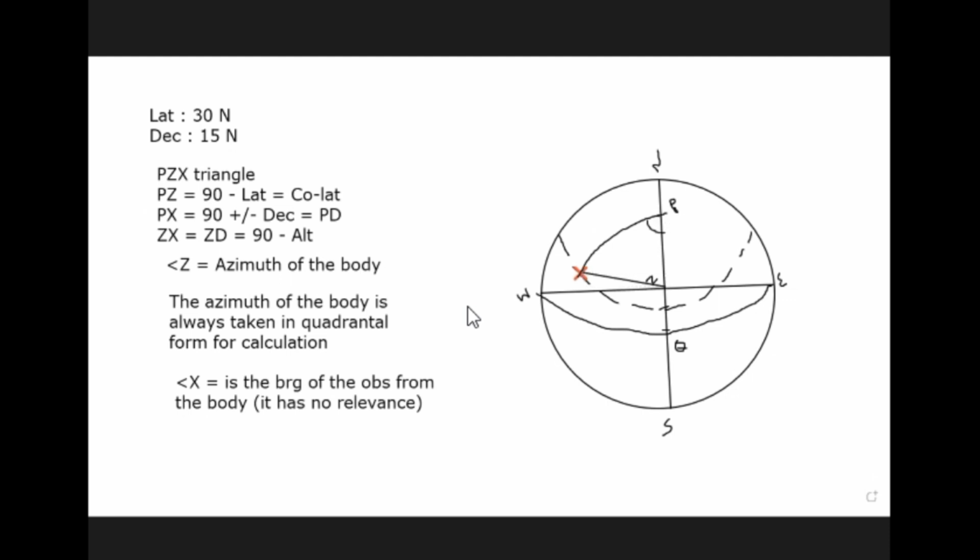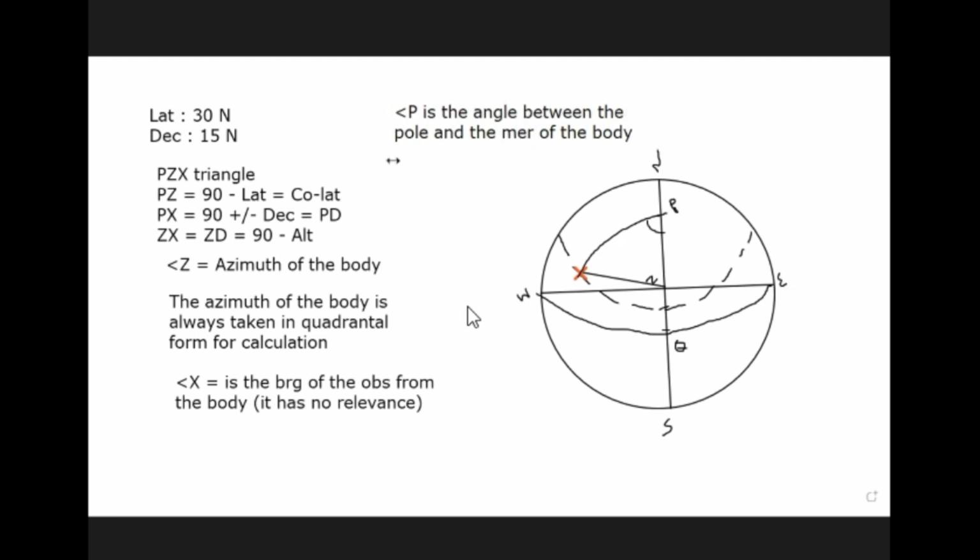So what is angle P? Angle P is the angle between the pole and the meridian of the body. What is the definition of LHA? Is it the same? It is the westerly hour angle between the pole and the meridian of the body.